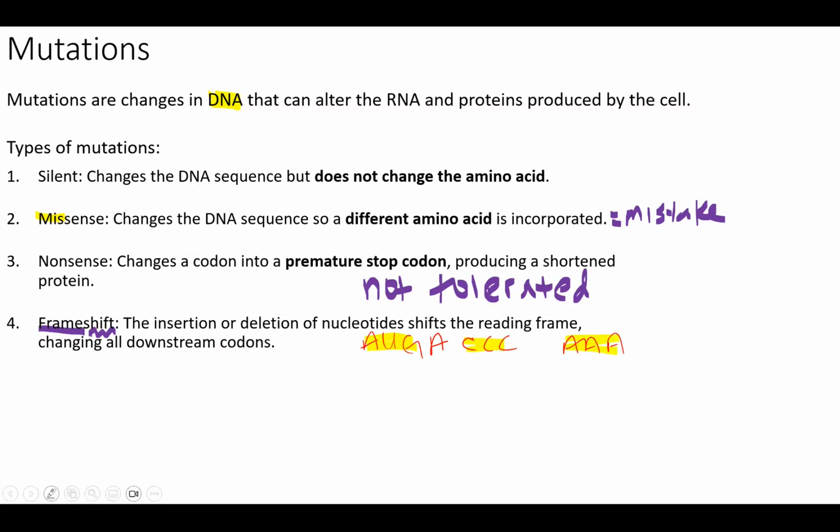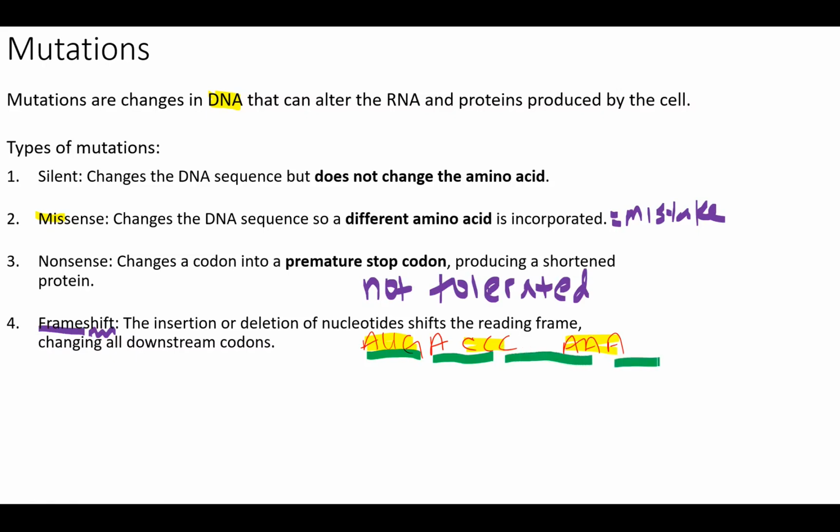But now, y'all, because there was a mistake at the DNA level that added in a nucleotide, in this example, AUG, the first codon, it's fine, no problem. But now look what happens. Because of that added nucleotide, the second codon is now ACC. Then the third one becomes CAA.